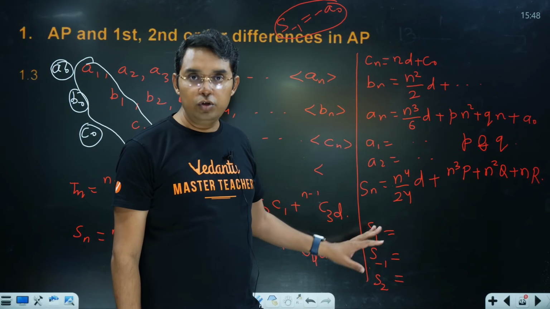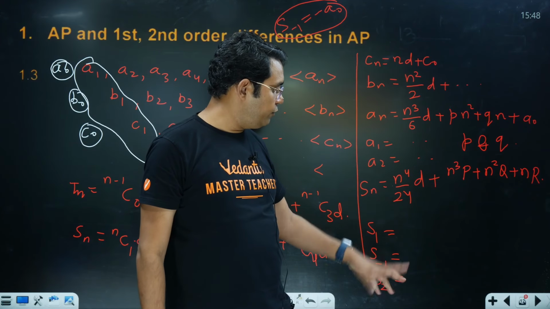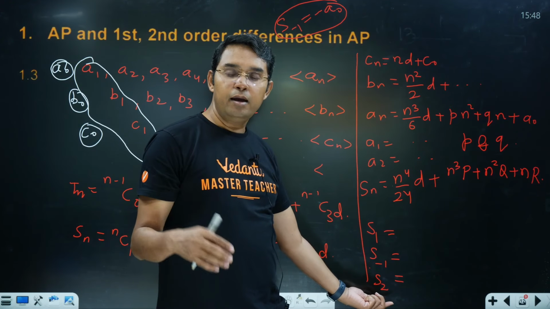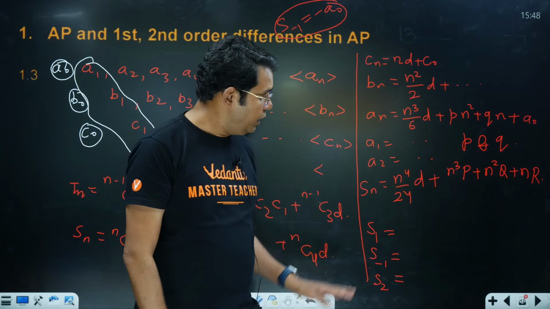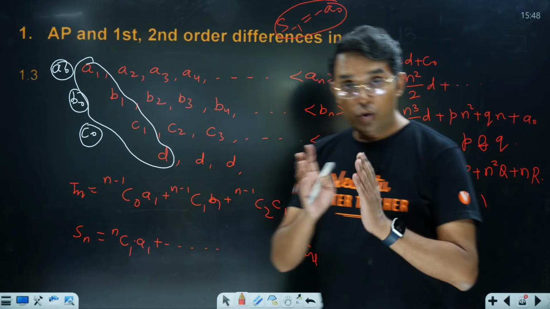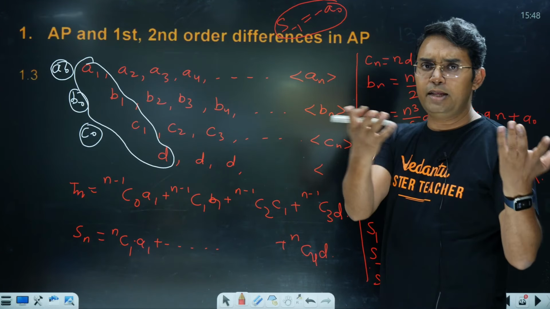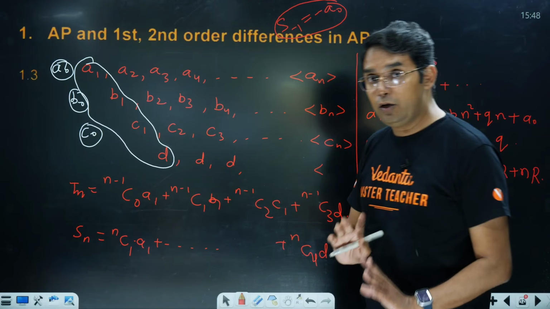Then for S2, it will be 16 upon 24, but you have to make one equation by putting n equal to a value other than 1 and minus 1, so you can't avoid that. So these 3 equations will give you P, Q and R. You can also do these questions using sigma notation, but this is an alternate method and this is better, let me tell you.